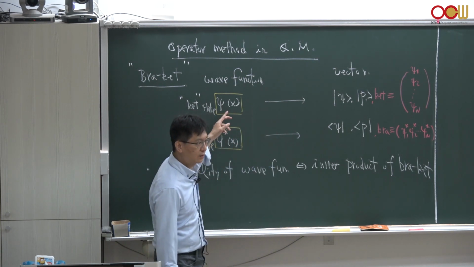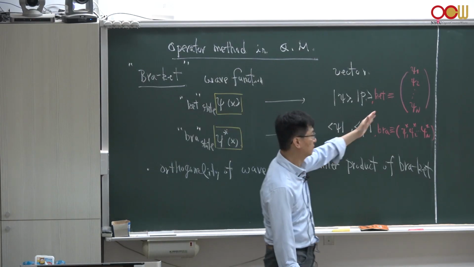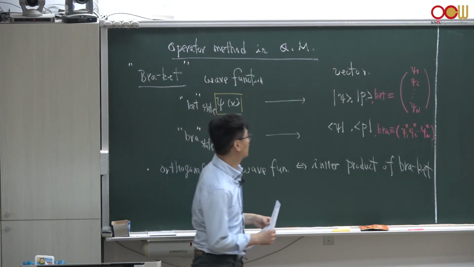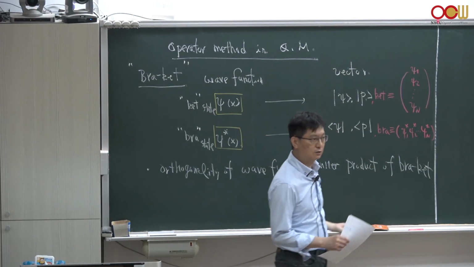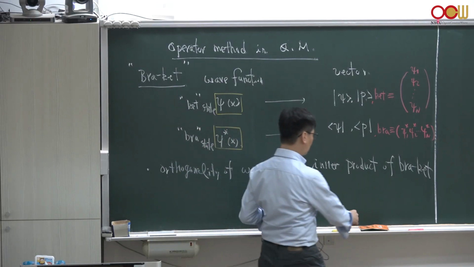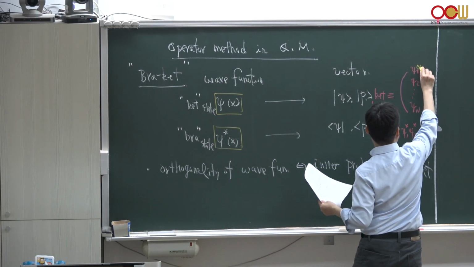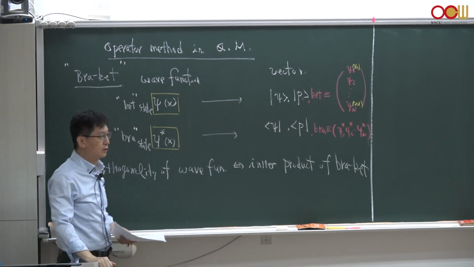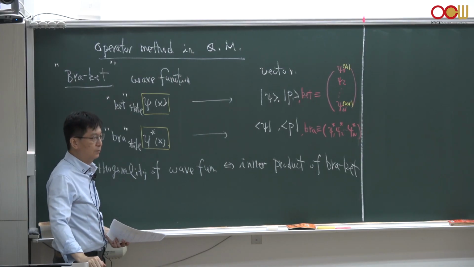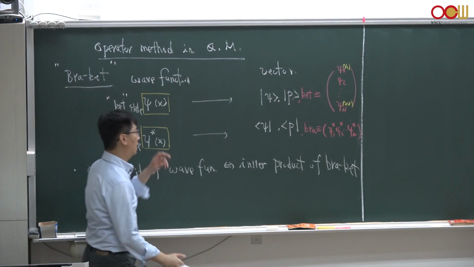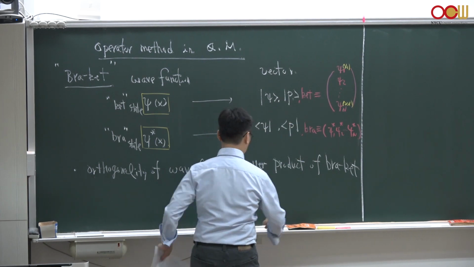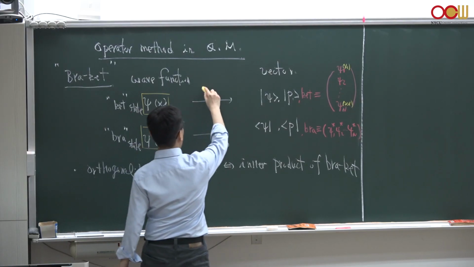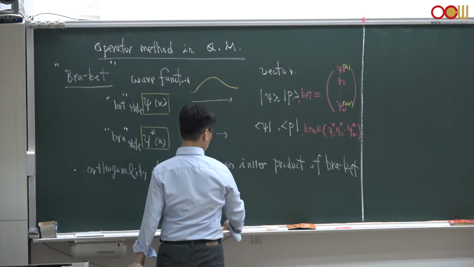So this psi of x could be considered as a column matrix like this, with the matrix elements psi 1 up to psi n, where psi 1 up to psi n are the values of this wave function at particular discrete positions x1 to xn. You mesh all this position space into an infinite number of points, and you attach the value of the wave function to the matrix element in the corresponding component, like this.